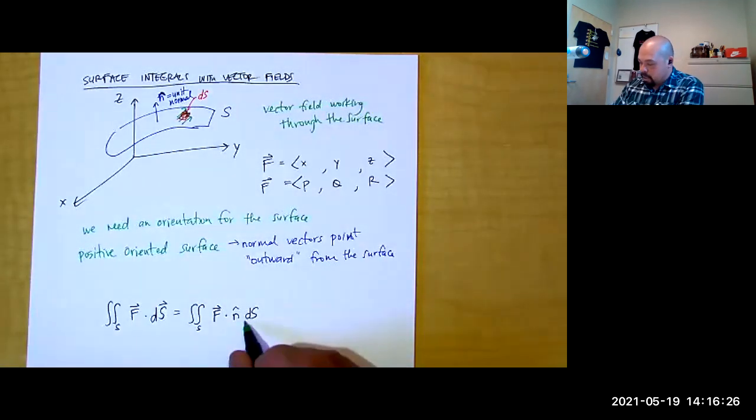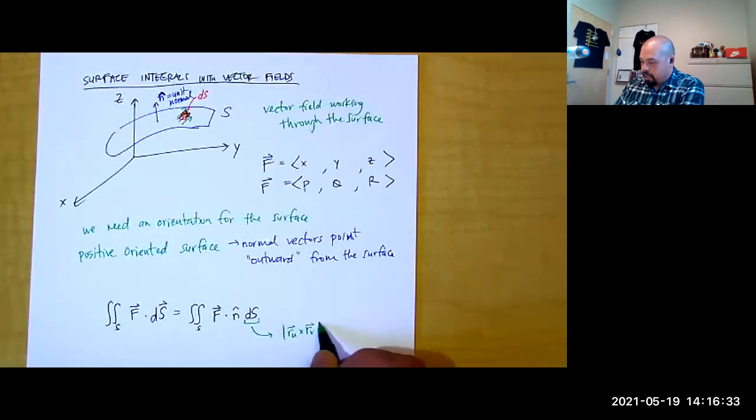And so for this ds component, that's the magnitude of RU cross RV dA.